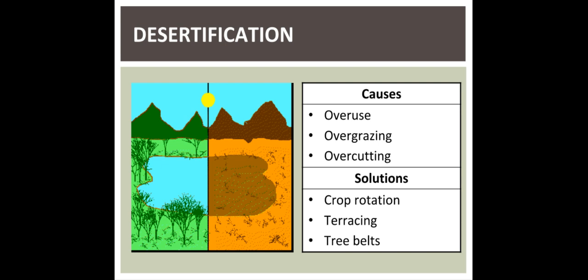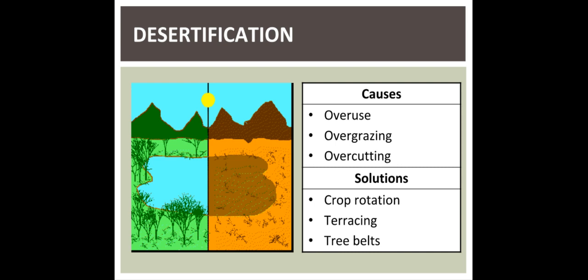And some of the causes, as you can see here, include things like overuse, that is overusing too much agricultural product, perhaps cattle grazing with the overgrazing part, and then cutting down trees for lumber and for burning. What this does is it leaves the land pretty much barren, and there's nothing to really root down and hold that soil into place, which then allows the desert to grow into those areas.